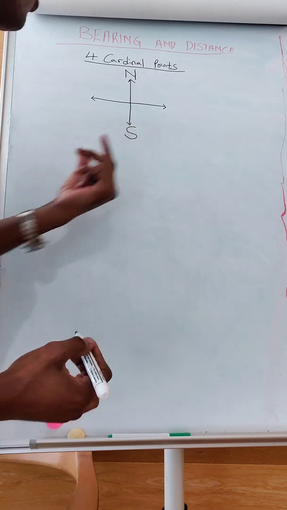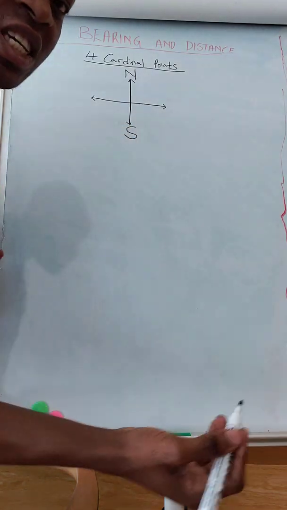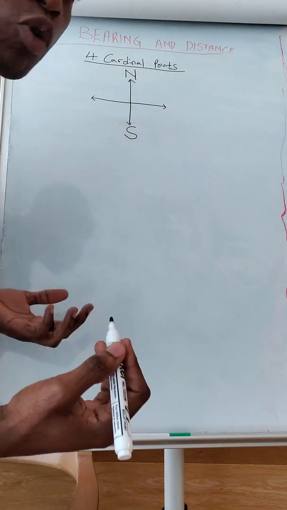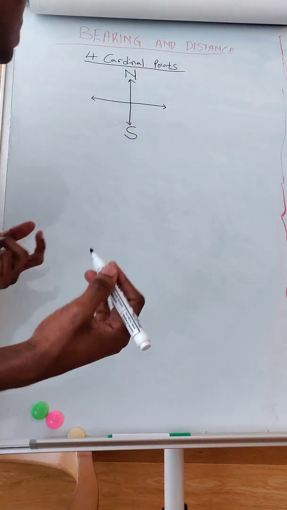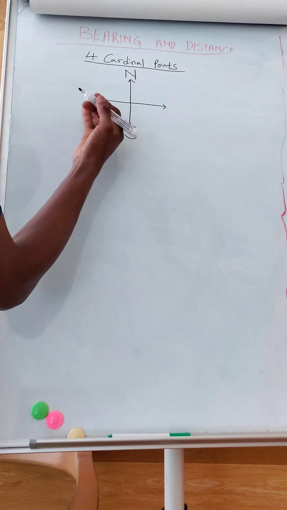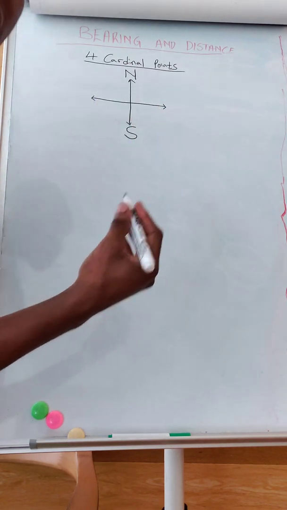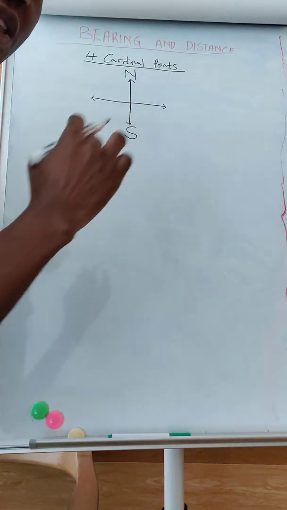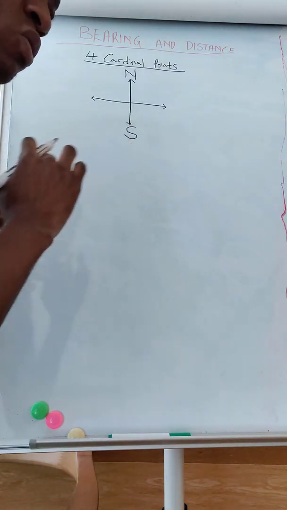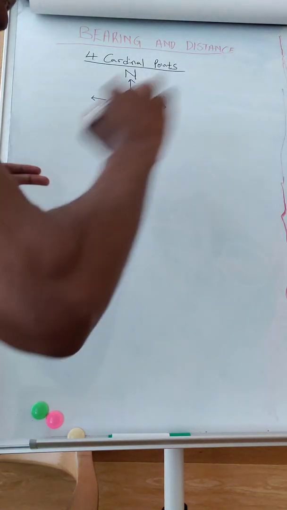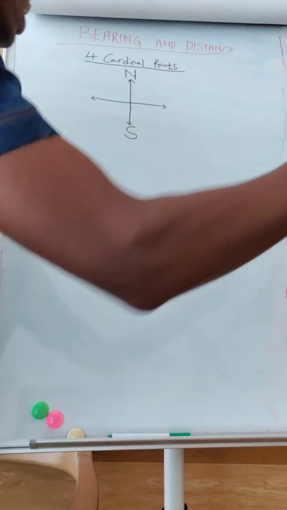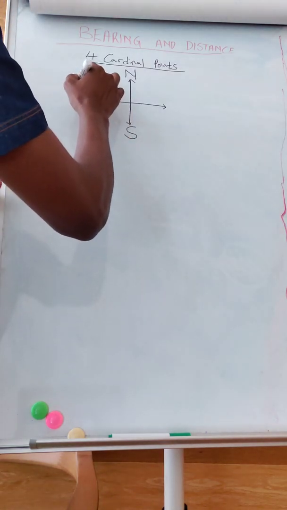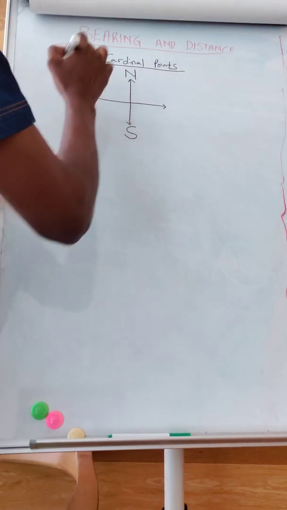Now, the other one is we are looking for west and east. At times it's very difficult to guess. Where is west? Is it this side? Is it this side? Just look at the spelling. West. The way you pronounce it, west. This side will be west.